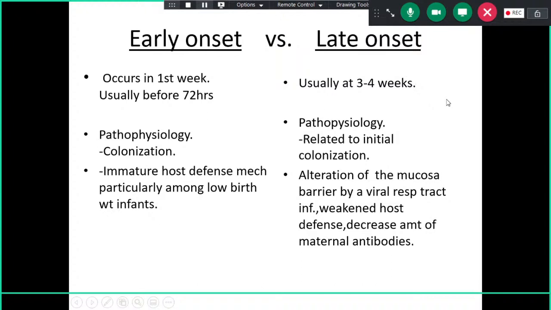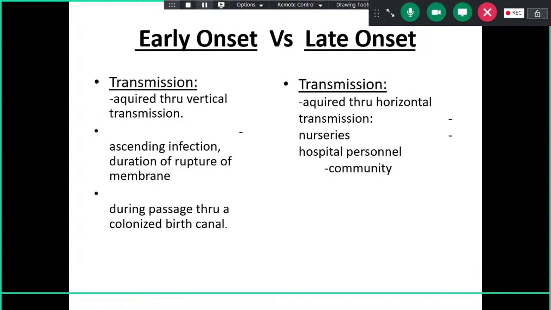The late onset neonatal meningitis can be caused by any organism, and it mostly comes from caregivers other than the mother, present in the household.